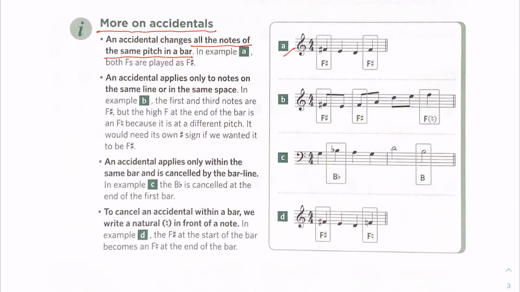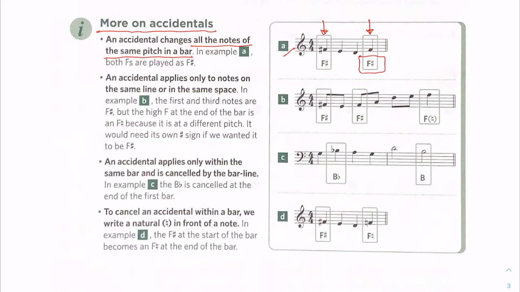Now we know that this note here is an F sharp because there is a sharp written in front of the note F. And here we encounter the same F again. And although there is no sharp written in front of the note, this note is still played as F sharp.